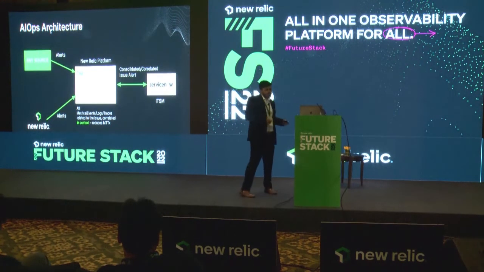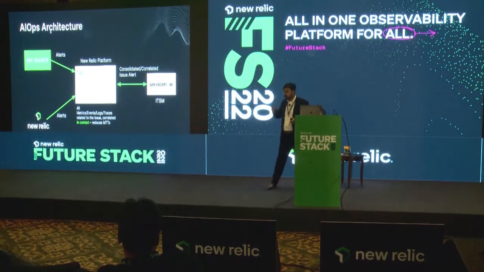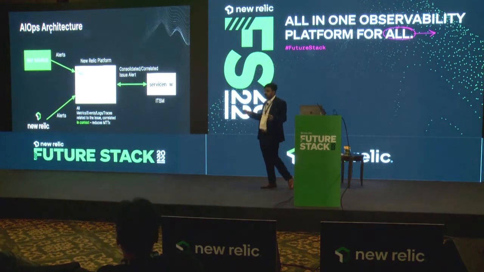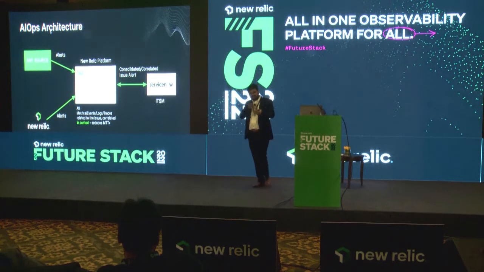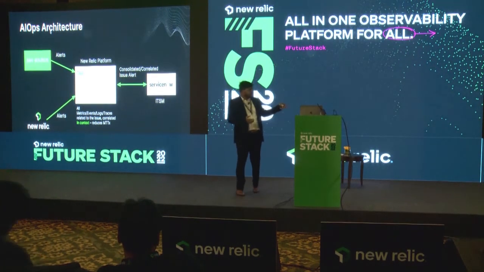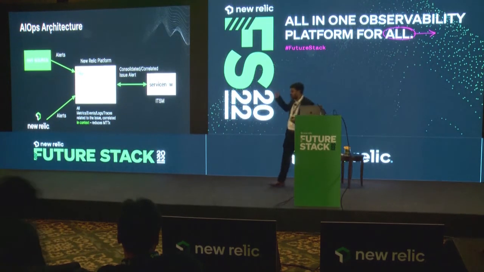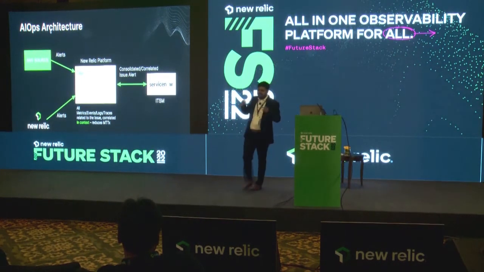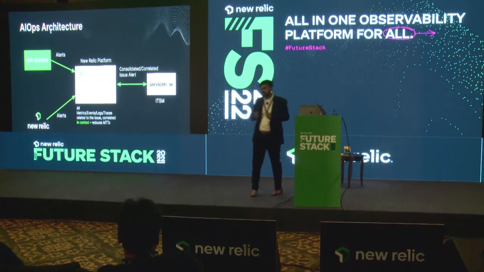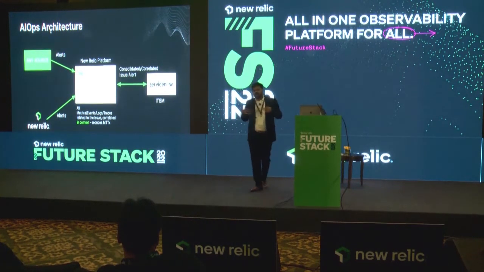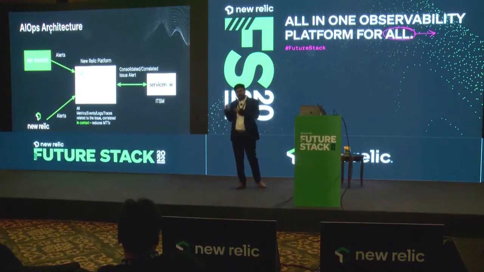And lastly, we provide a seamless mechanism to hook this entire workflow to your existing incident management workflows for seamless communication. For example, I have the ServiceNow logo there, but whatever incident management process you would be using, you can very easily configure that with New Relic.